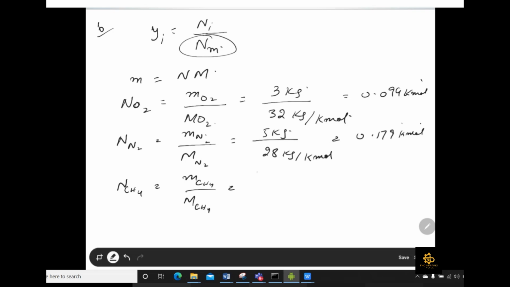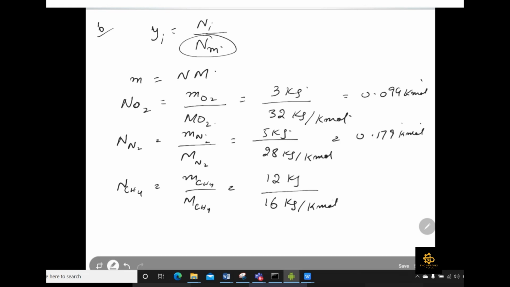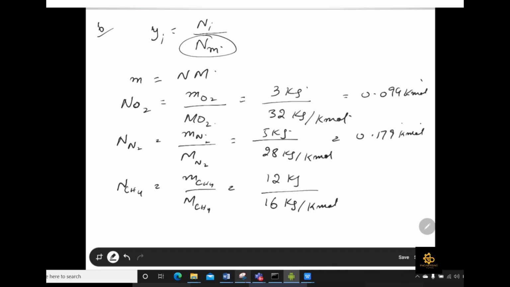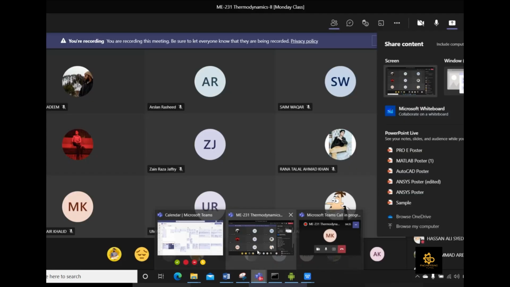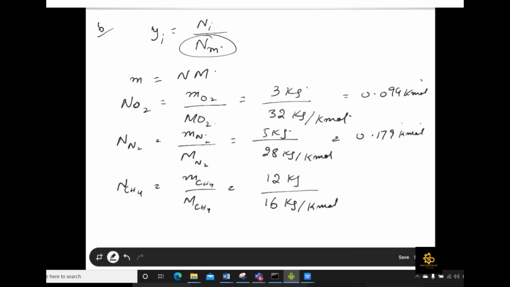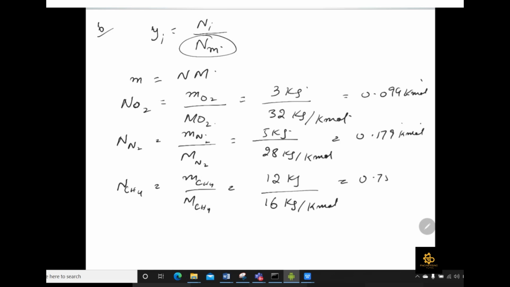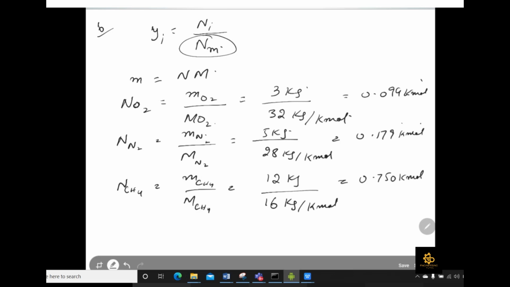The mass of CH4 is known from the question, which is 12 kg, and the molar mass of CH4 is equal to 60 kg per kilomole. Taking the ratio of these two, we get 0.750 kilomole.